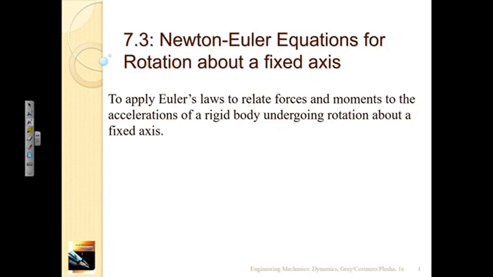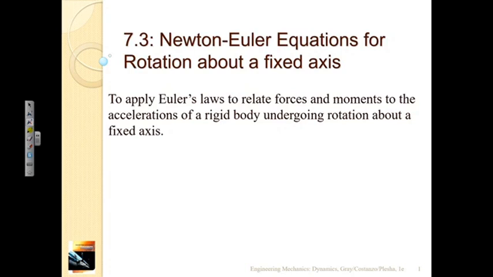You can also write this for this free body diagram as the mass of A, acceleration of A, plus the mass of B, acceleration of B. So this mass up here would be the total mass with the acceleration at the CG.